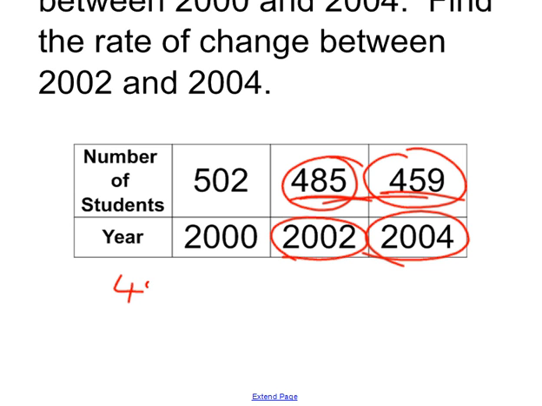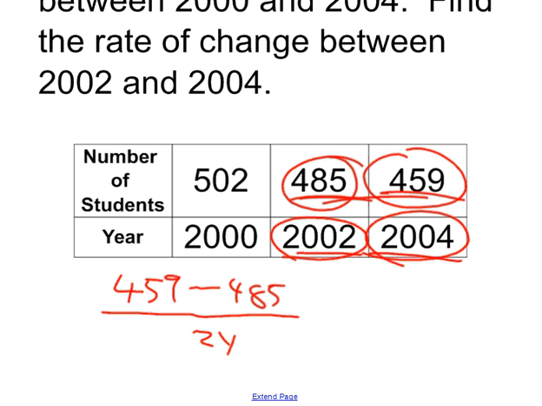At the end of the time period, it was 459. At the start of the time period, it was 485. And of course, 2 years passed from 2002 to 2004.